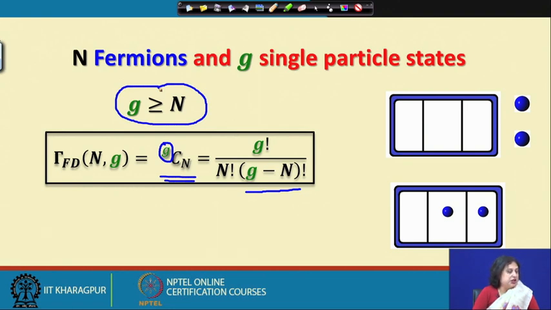Now, let us check if these numbers give me the right kind of answer when I have capital N equal to 2 and g equal to 3.